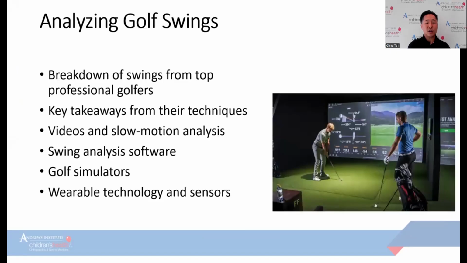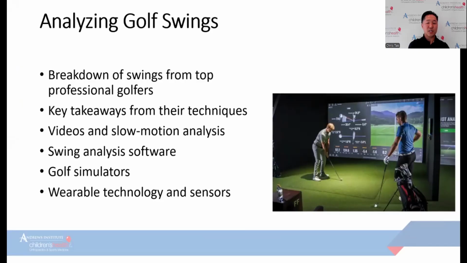And analyzing the golf swing. I would say this is probably one of the most important things. You can have all the information about how the body works, but if you're learning this on your own, it's going to be very difficult for you to see where your limitation is.